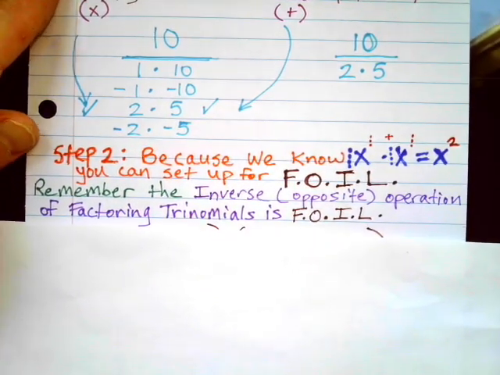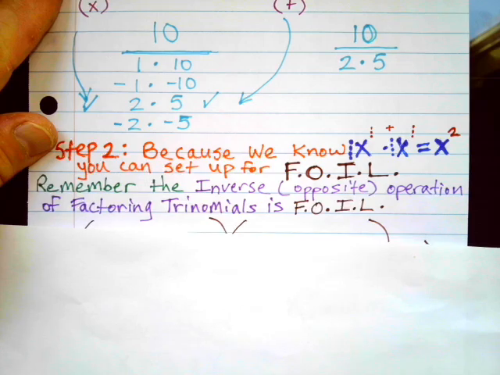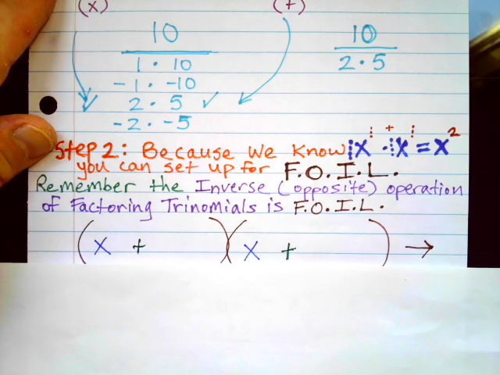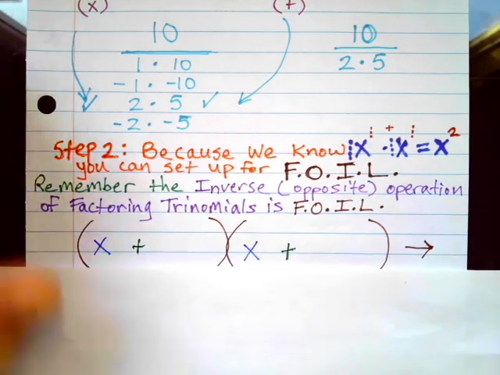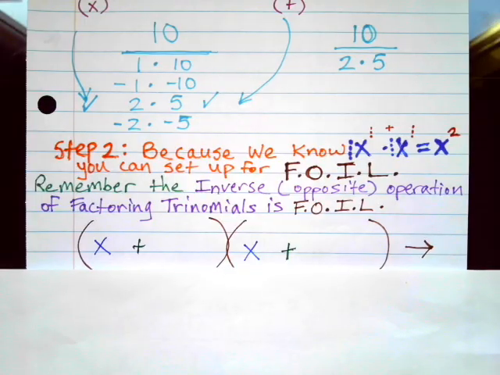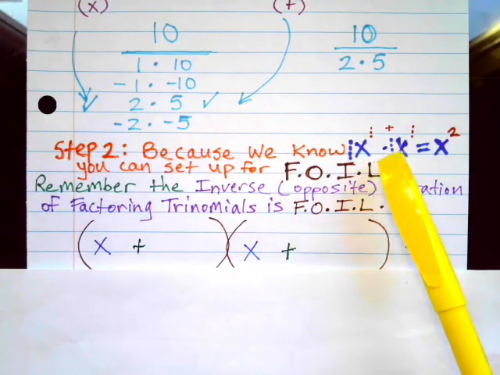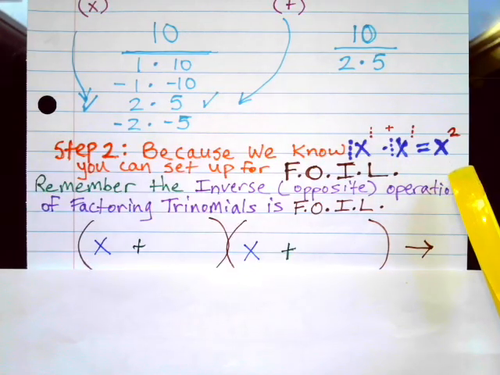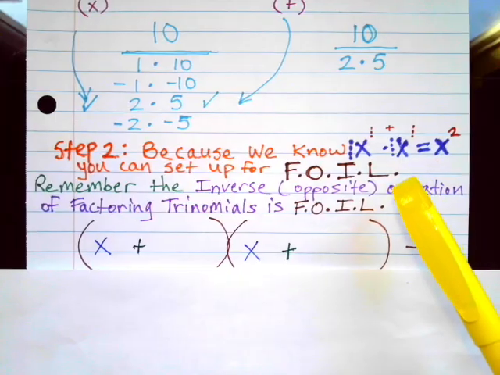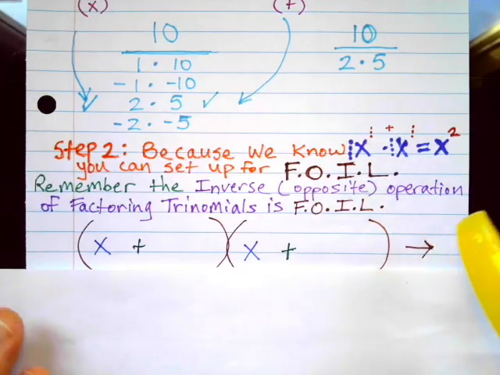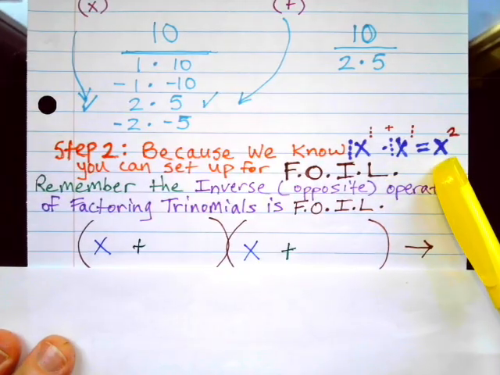Step 2, because we know, right, we're going to set up a couple of x's inside our parentheses like I've shown you down here below. And in step 2, because we know that 1x to the first power times 1x to the first power equals x squared. And remember, our expression started with x squared.